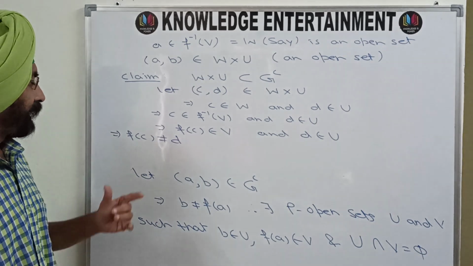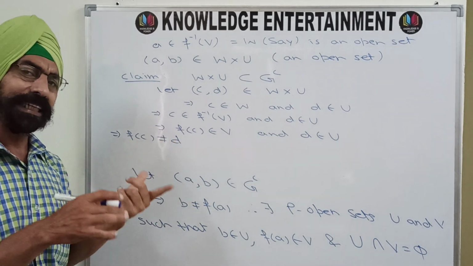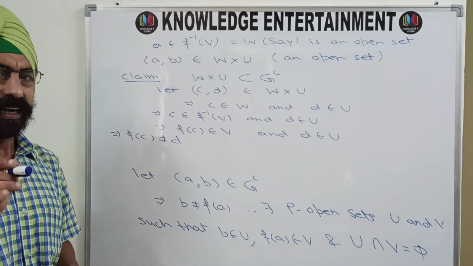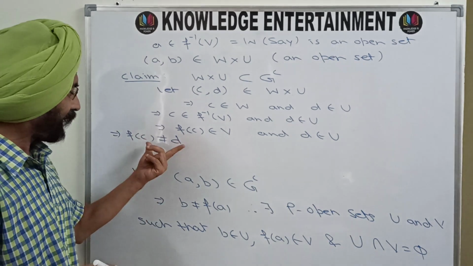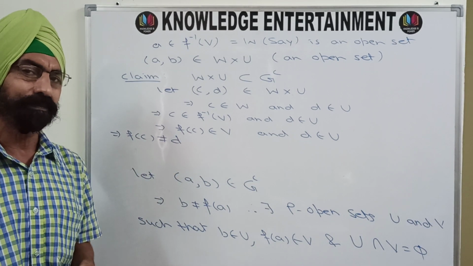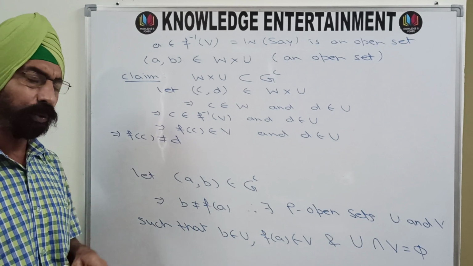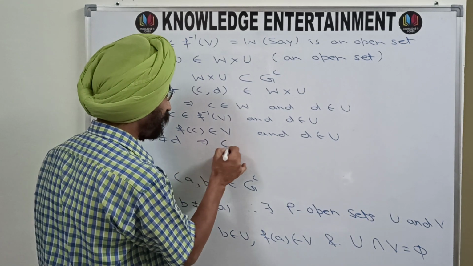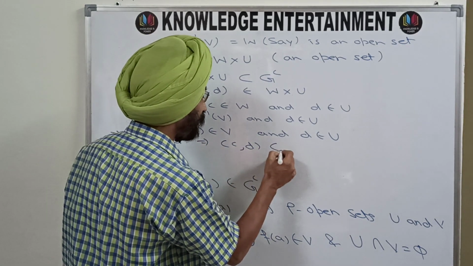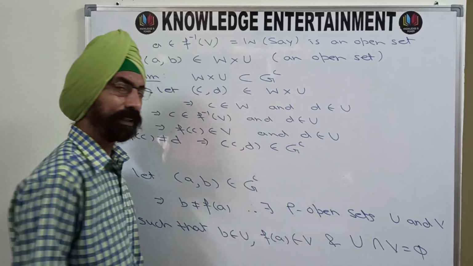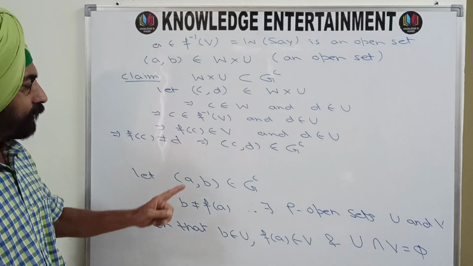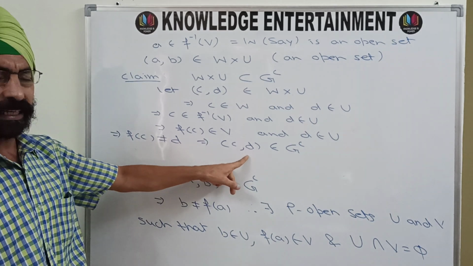Now look that if F(C) is equal to D, then your element (C, D) belongs to the set G. And if F(C) is not equal to D, then the element (C, D) will be in the complement of G. Where have we taken this element (C, D) from?